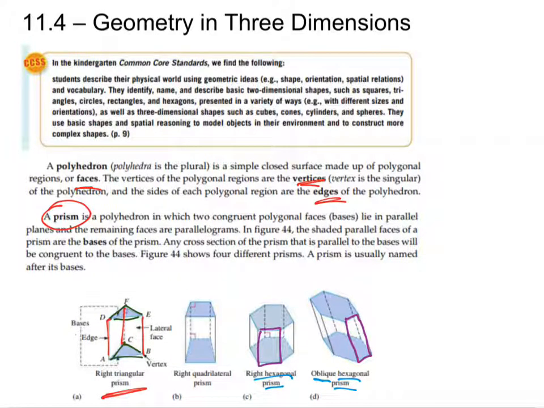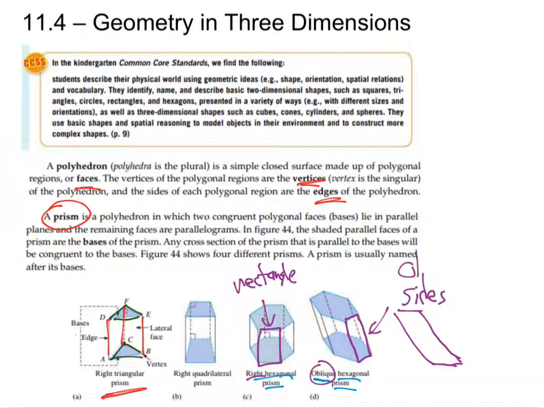You see, an oblique shape is one that's leaning, and a right shape is straight up and down. So this is a rectangle because it's straight up and down, whereas the other one, it's hard to tell, but it's more like this. Let me make it more extreme and you'll be able to see. You see the sides for an oblique prism are parallelograms. That's a parallelogram.